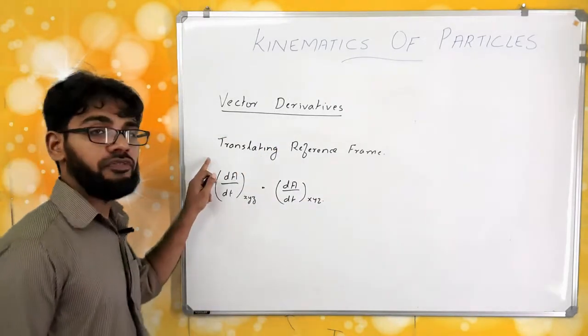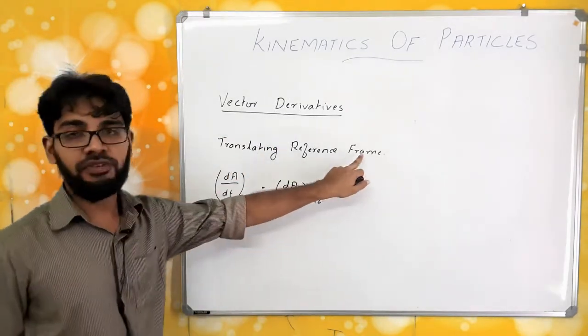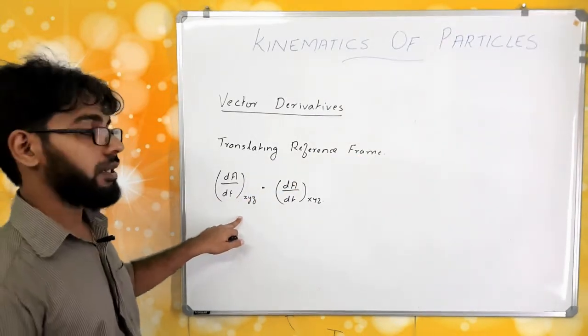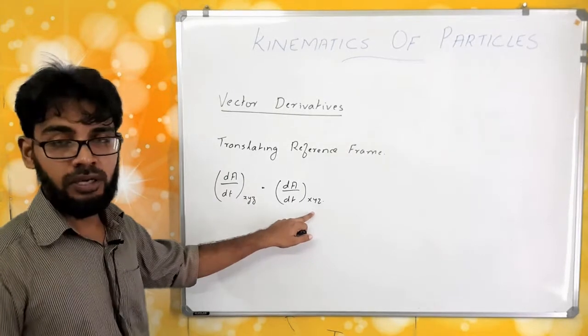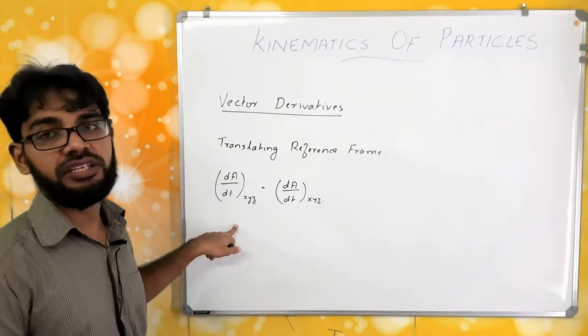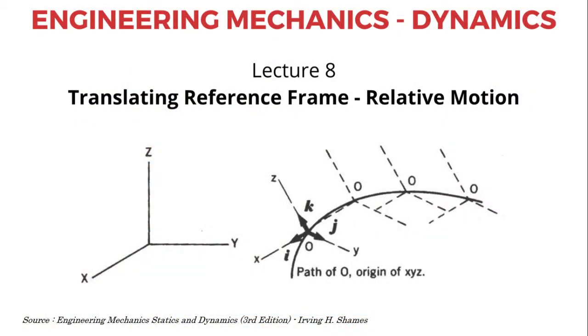Now, in case of a translating reference frame, the derivative of the vector in the primary frame will be equal to the derivative of the vector in the translating frame. When I say translating reference frame, it indicates that the direction of the translating axes x, y, z always retain the same orientation relative to that of the fixed reference frame capital X, Y, Z, as shown in this figure.